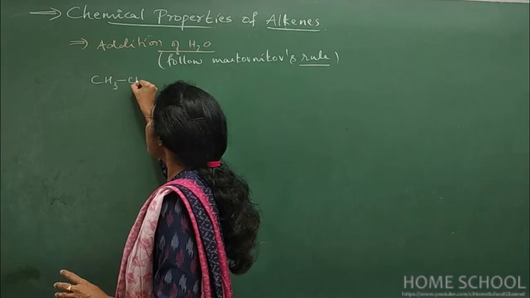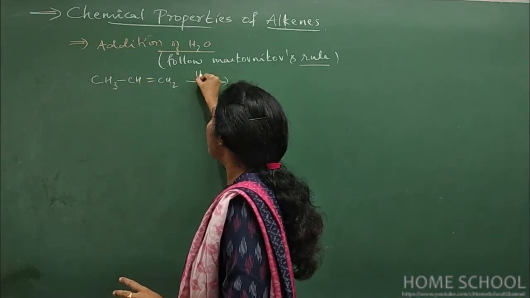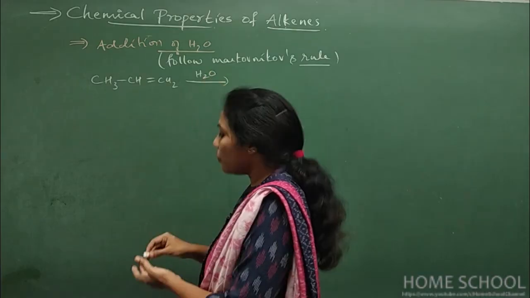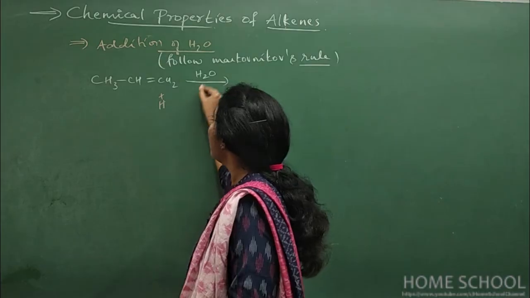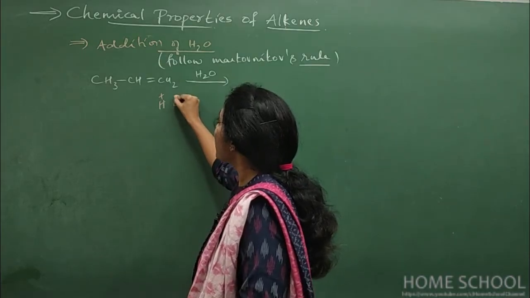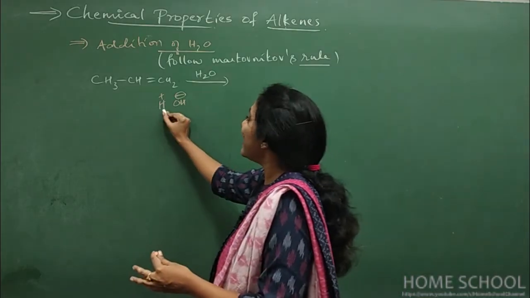Let me take an unsymmetrical alkene itself, CH3–CH=CH2, and add water to it. What is the positive part of water? H plus. The negative part of water is OH minus. If you follow Markovnikov's rule, where do you add H plus?